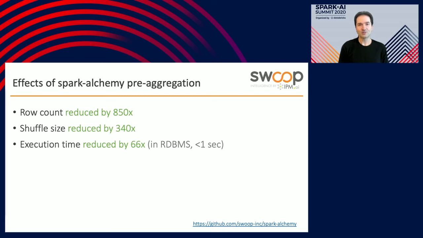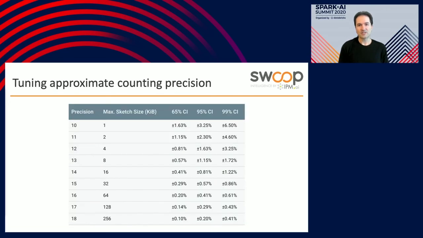In the real world, it's a little bit more complicated because you have many different query types, but we can also create many different pre-aggregate types to handle different query types. One of the things we have to think about, of course, is that we are no longer counting precisely. We are counting approximately. Now, in my experience, sometimes business people get very troubled by the notion of approximate counts.